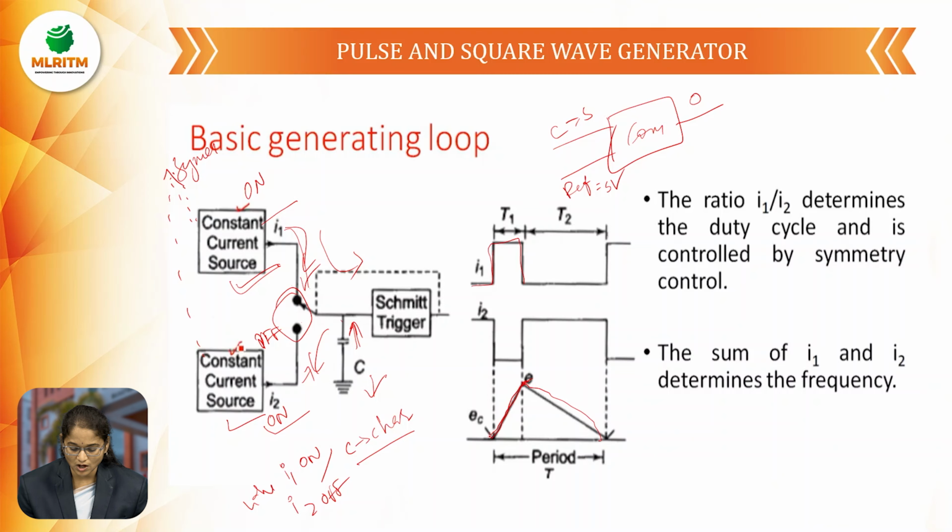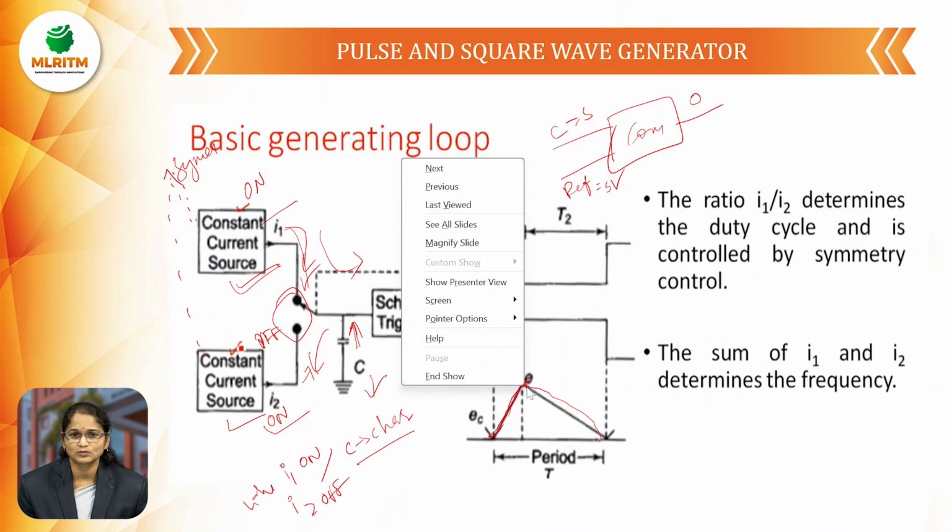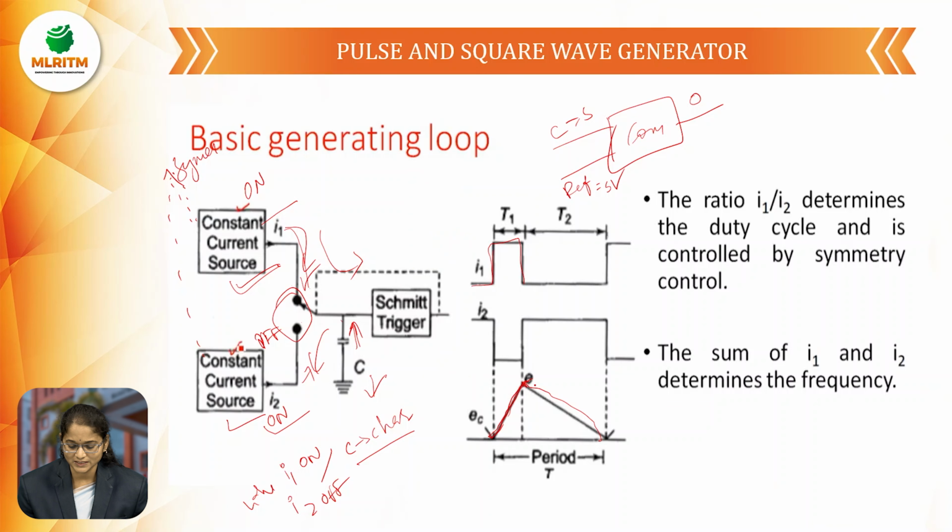Whenever the upper source is on, it charges, and whenever the lower constant current source is on, it takes the current and discharges. This is plus I, this is minus I: it charges and it discharges.